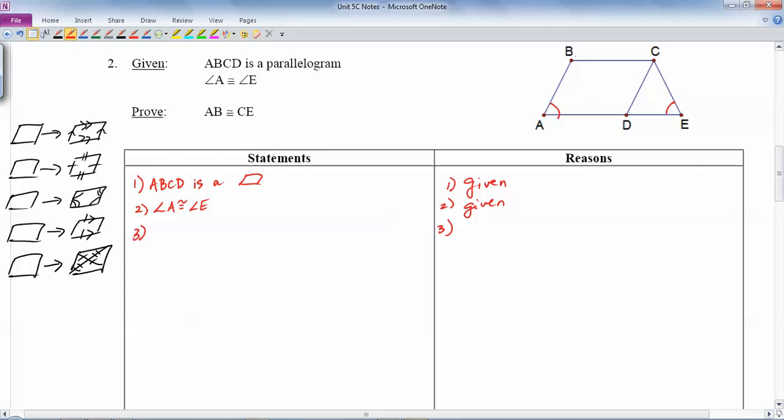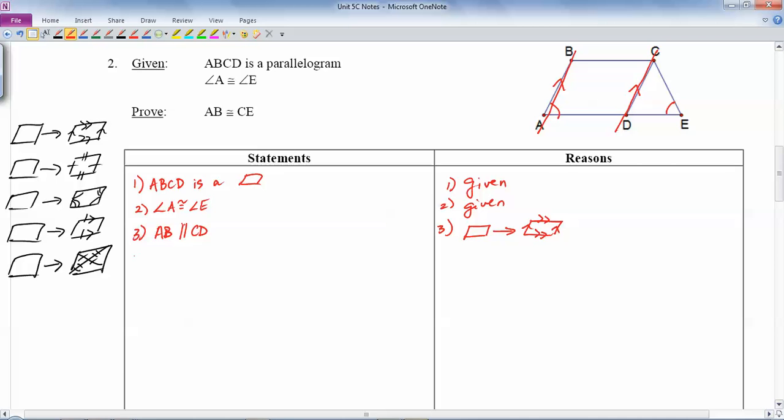I think we were going to use AB is parallel to CD here. So AB is parallel to CD. Well, since we have a parallelogram, we know that opposite sides are parallel.